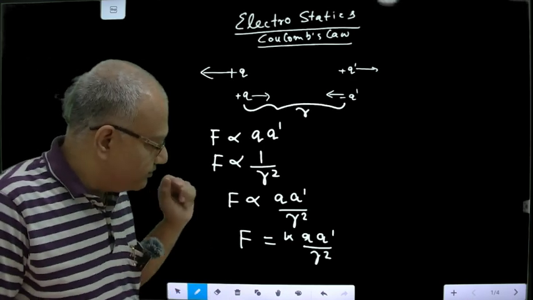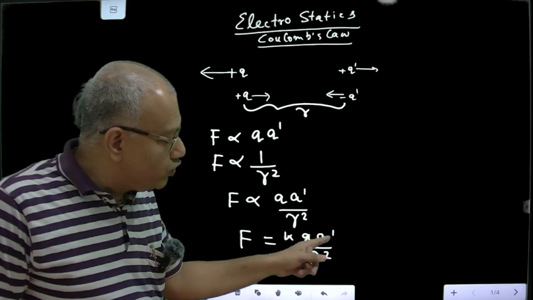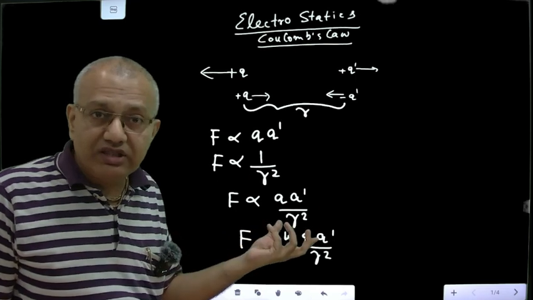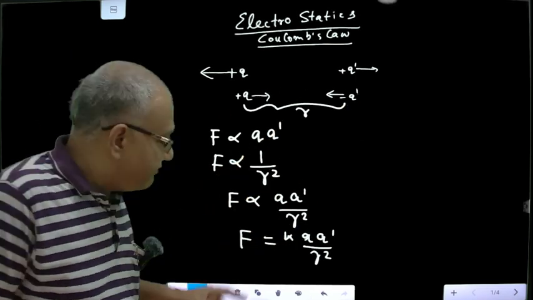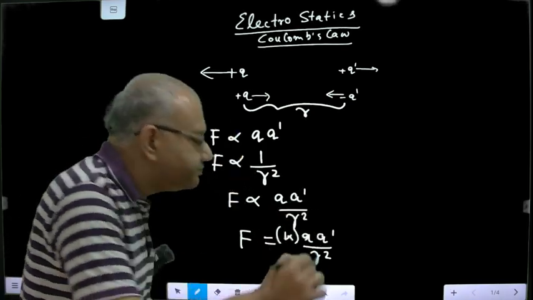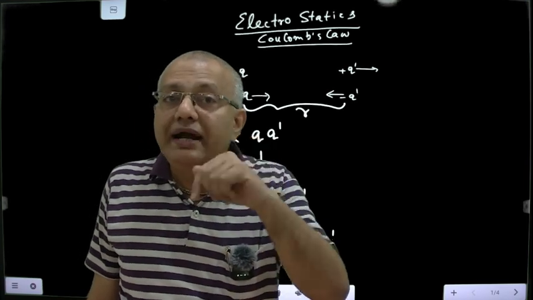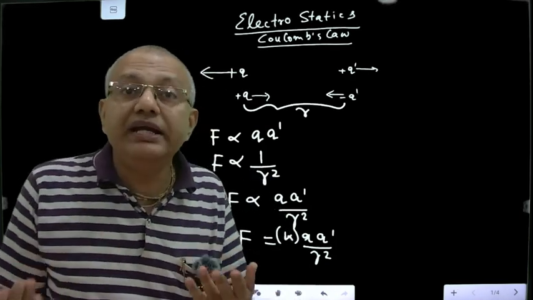Now you see this force depends upon the magnitude of the two charges. You can observe from here Q and Q dashed are the magnitudes of the charges. R is the distance between the two charges. Finally, this K, this proportionality constant, is also dependent upon the medium where the charges are situated.